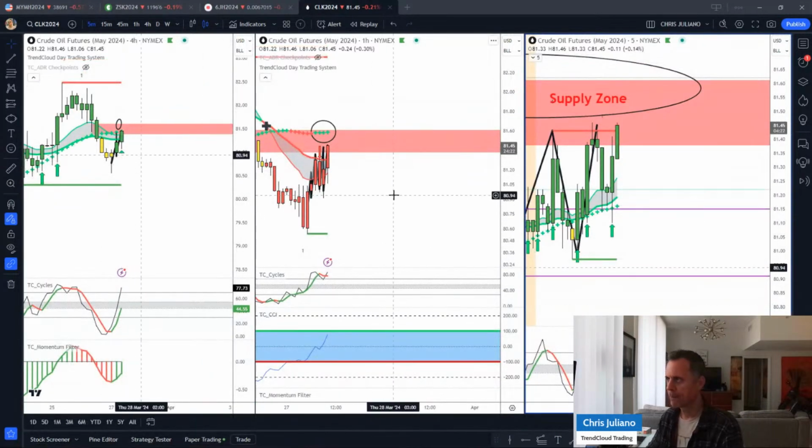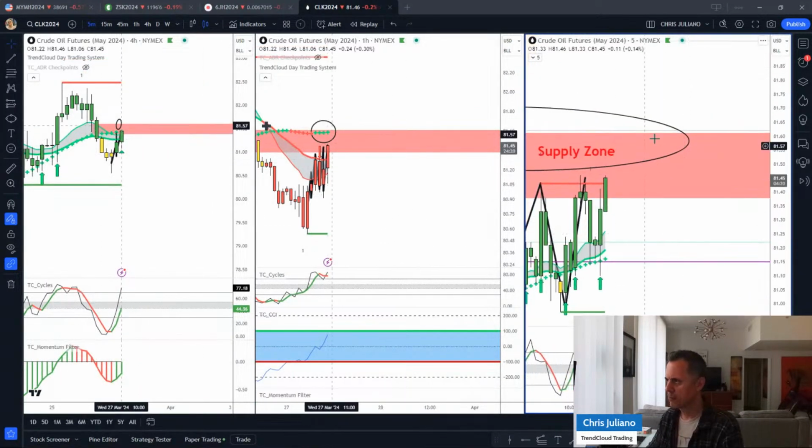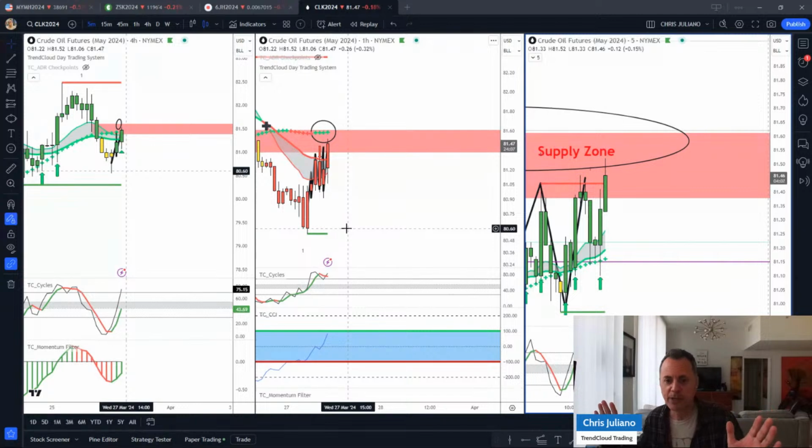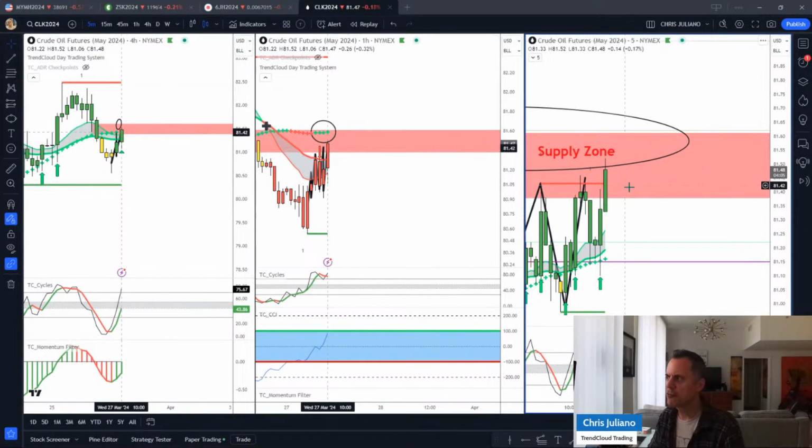Oh, look at this. Fake out, right? How many people were getting faked out here? We knew about it. We've been talking about it for the last 20 minutes. Be careful. Nice looking supply zone.